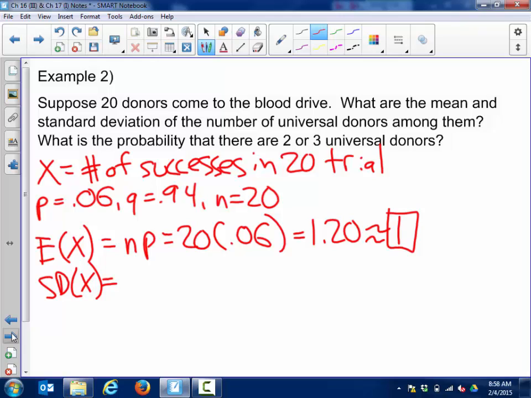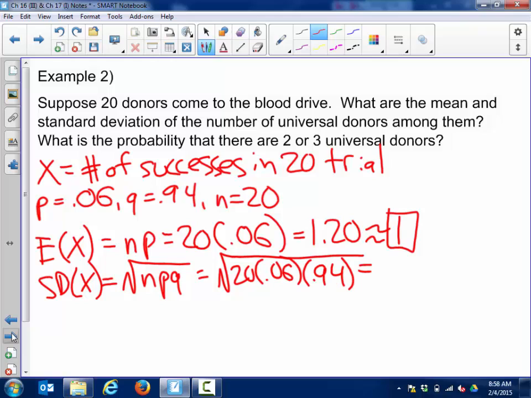Okay, so the standard deviation of our random variable is the square root of npq, which is the square root of 20 times 0.06 times 0.94, which comes out to be, this I've not worked out yet, 0.06 times 0.94, square root of 1.128, 1.06.